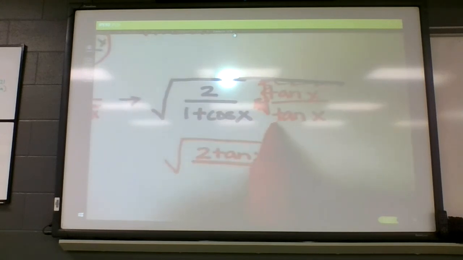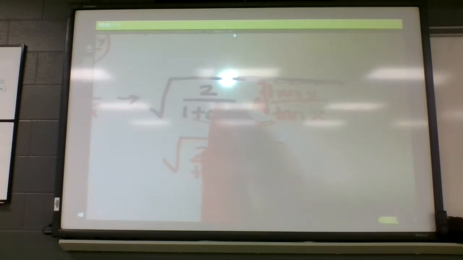On the bottom, you have to distribute the tangent. So 1 times tangent is tangent of x. And then tangent times a cosine is technically just a sine, because tangent, sine over cosine, times cosine means the cosines would simplify, leaving you with just a sine.